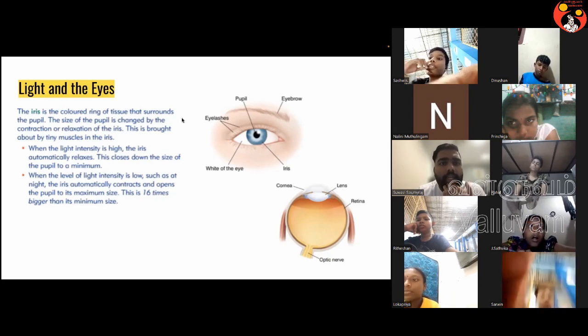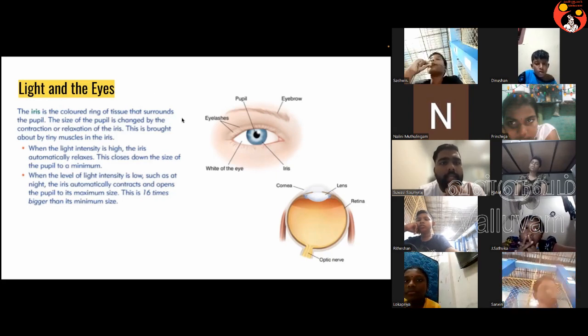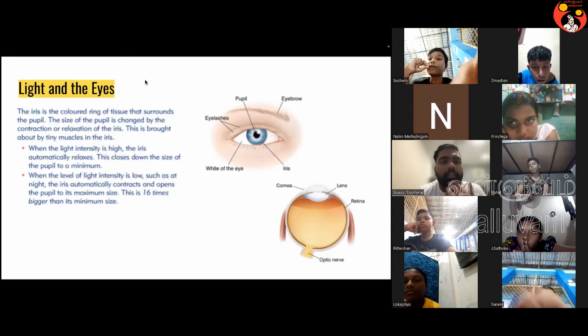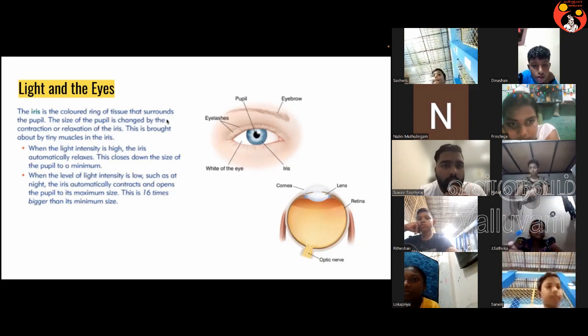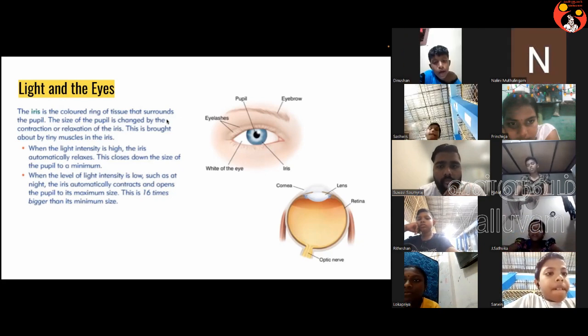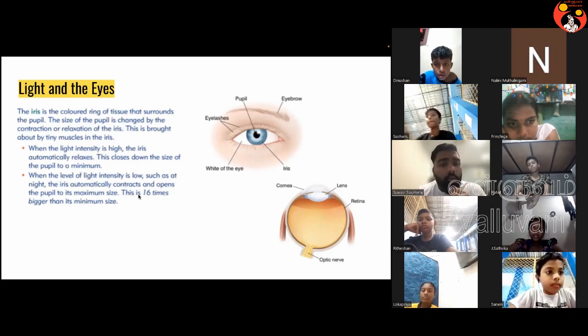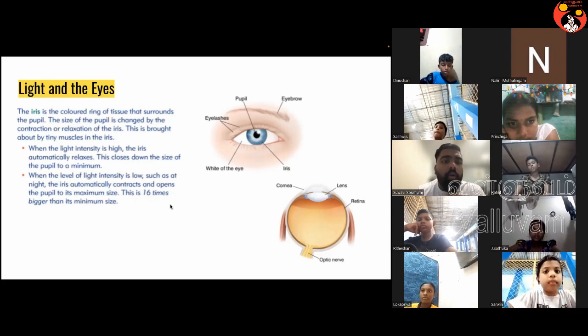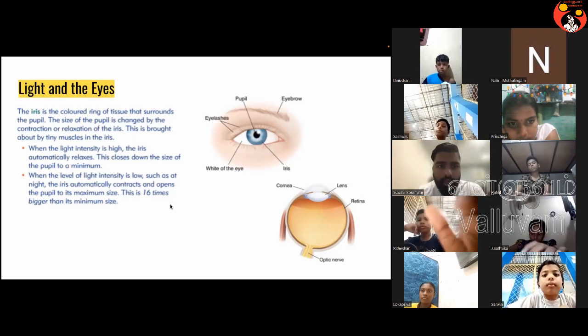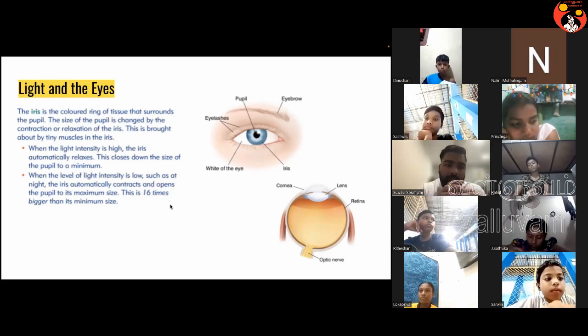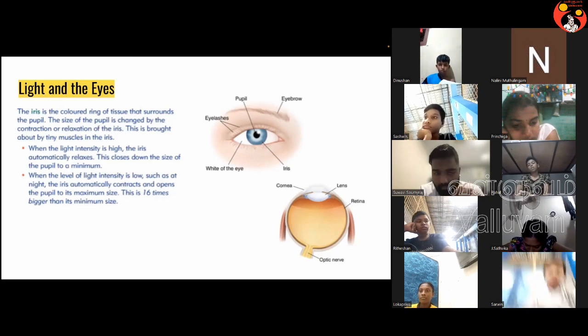Dinishan, I see your hand. That's what I was telling, sir. Perfect. Dinishan? I understand this is 16 times bigger than a minimized size. Yes. Okay. So what that's saying is when there's a lot of light, the pupil will be very small.